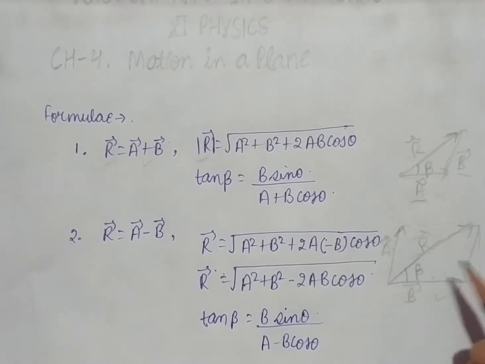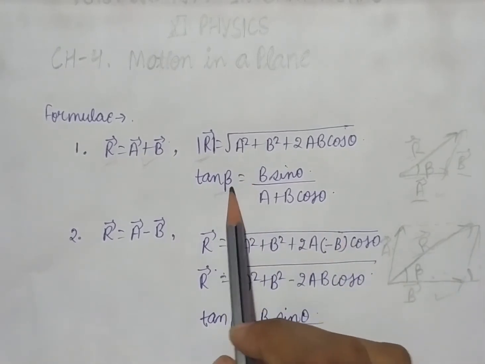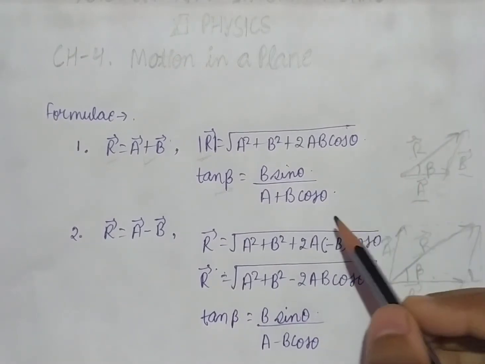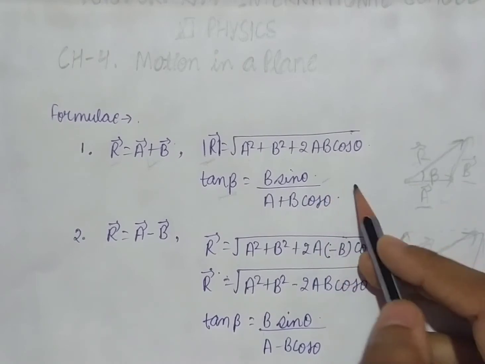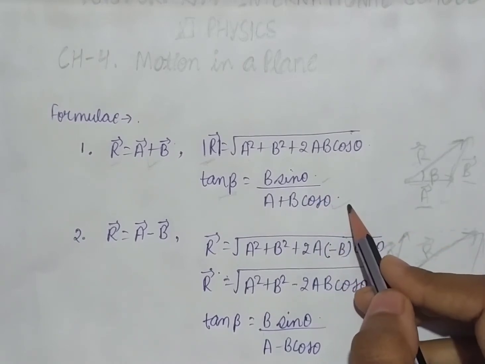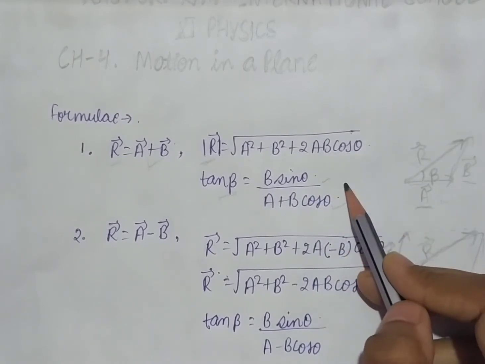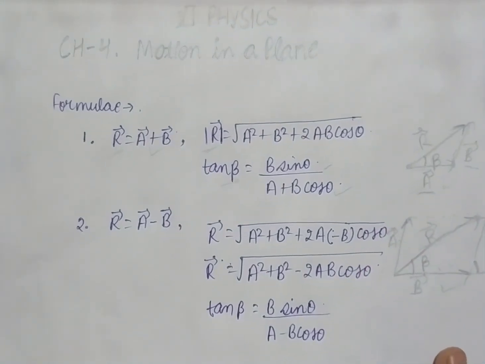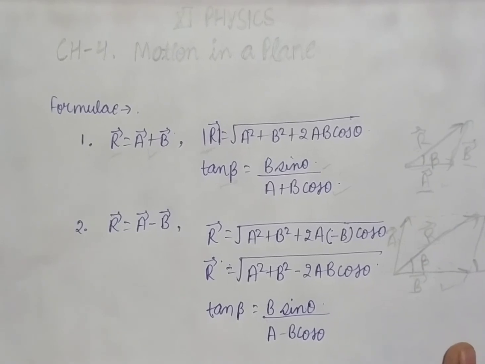So how do we find this angle beta? We have found the formula for this as tan beta equals b sine theta divided by a plus b cos theta. We have already derived these two formulas, so you can go and check the complete derivation if you want to study it.